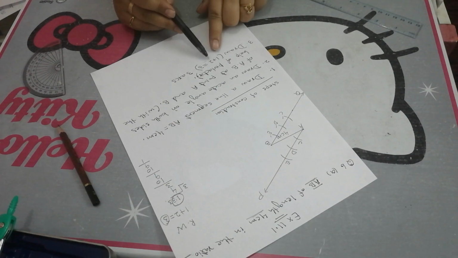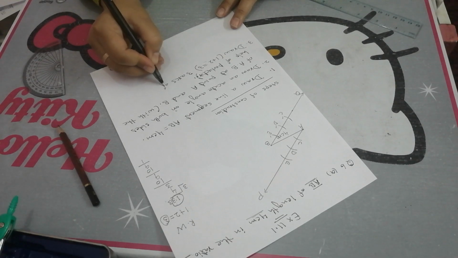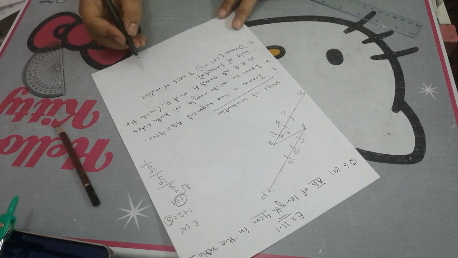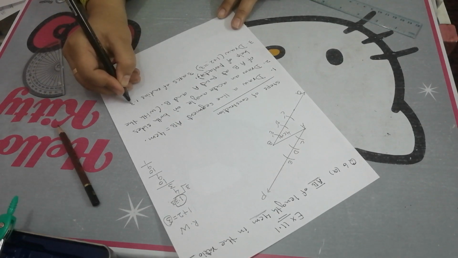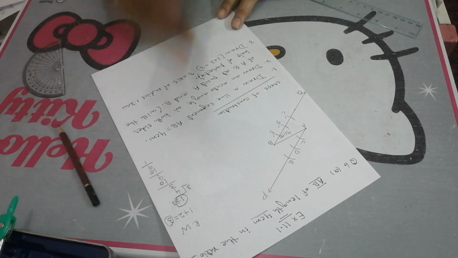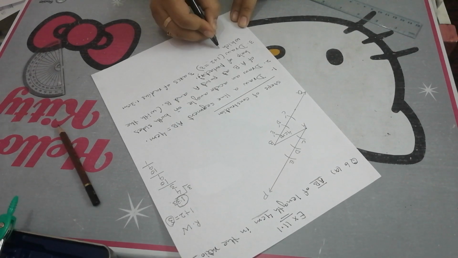The ratio which is given, you add them, and that many arcs you have to draw. So 1 plus 2, 3 arcs of radius 1.3 centimeters. Where do we get it from? Total length divided by 3.